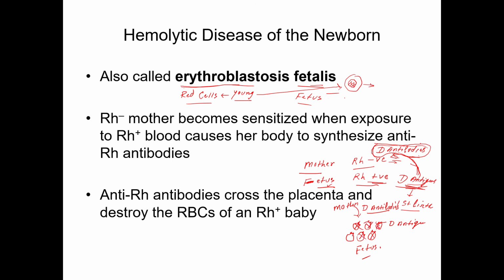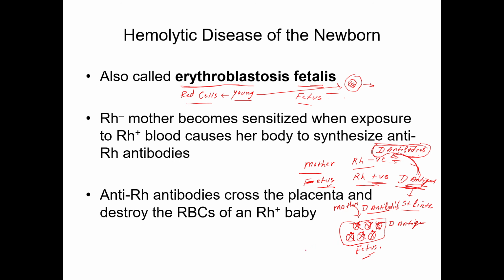So when the red blood cells of the fetus are destroyed, then the bone marrow or the site where the red blood cells are produced, liver and bone marrow, will do what? Will try to quickly replace, since in the circulation the number of red blood cells is now very low because of the destruction.